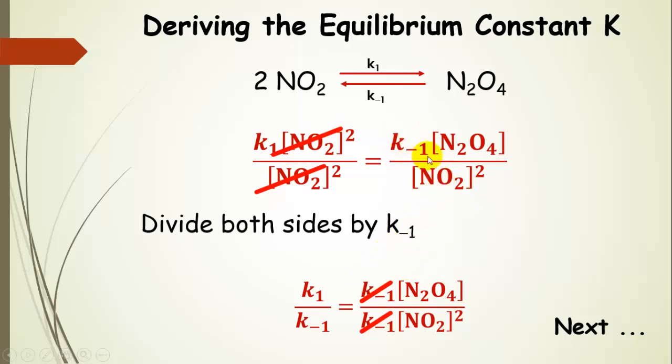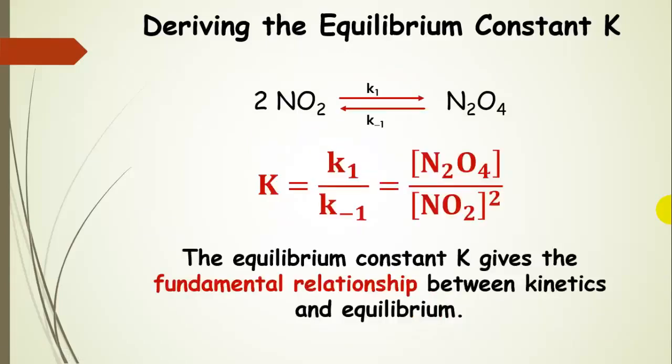Now we're going to divide out K sub minus 1 on both sides. And when we clean it up and cancel out those reverse rate constants, we end up with K1 over K sub minus 1 is equal to dinitrogen tetroxide divided by nitrogen dioxide to the second power.